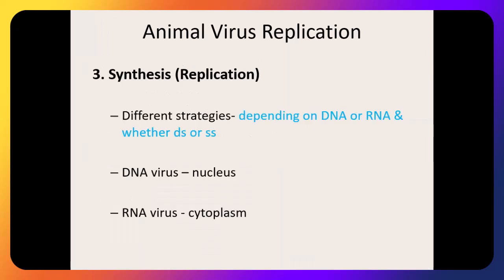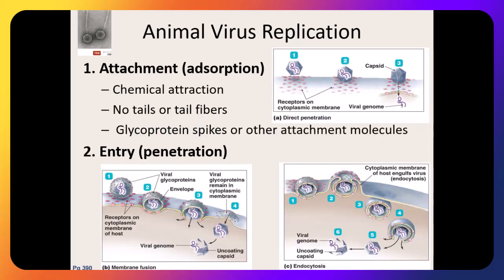The third way it can get in, for an enveloped virus, is called endocytosis. It most resembles phagocytosis. It almost looks like the cell is eating the entire virus. The virus has to recognize a receptor, it attaches, and then the whole cell membrane goes out and encloses the virus, the envelope part of the virus, the whole thing. And it brings the entire virus inside. So it almost looks like it's going up and eating the entire virus, envelope and all.